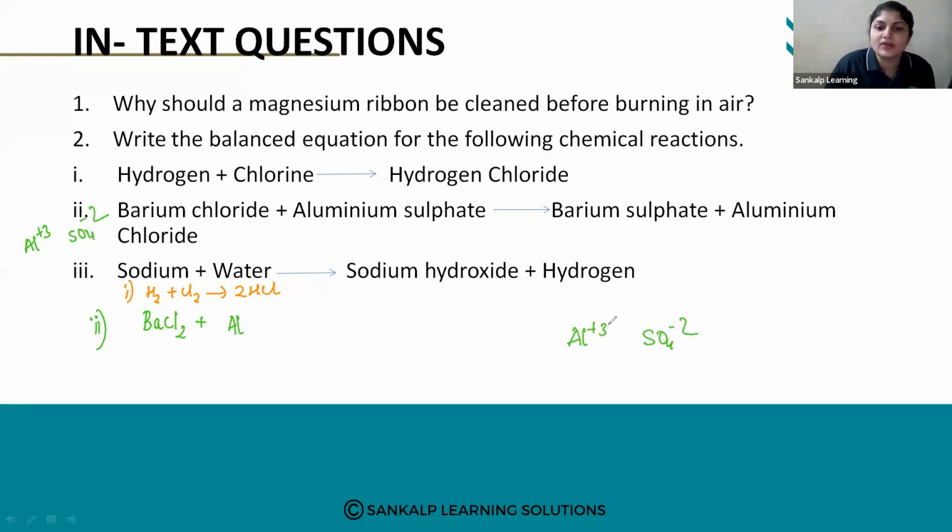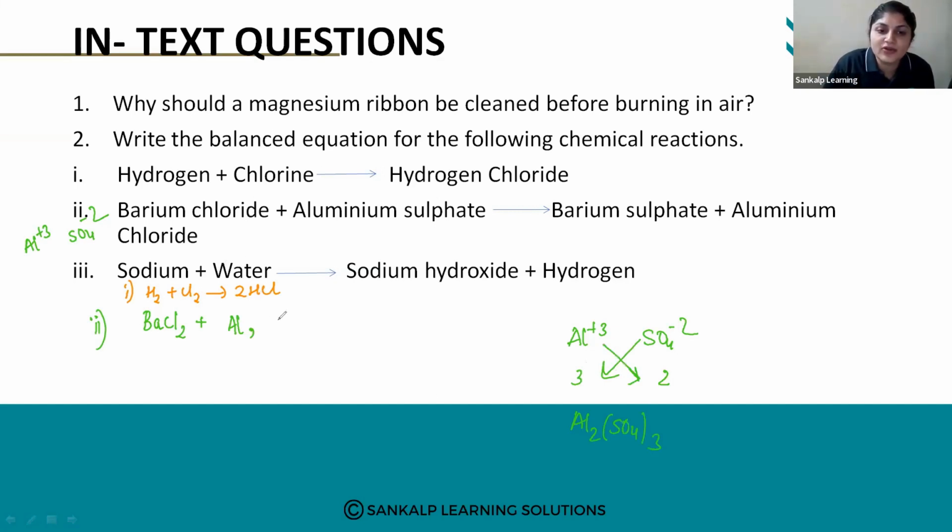How to write? Here it is plus 3, right? So the charge, you have to write 3. This will be 2 and you have to crisscross it. So it will be Al2(SO4)3, right? So this is aluminium sulfate.